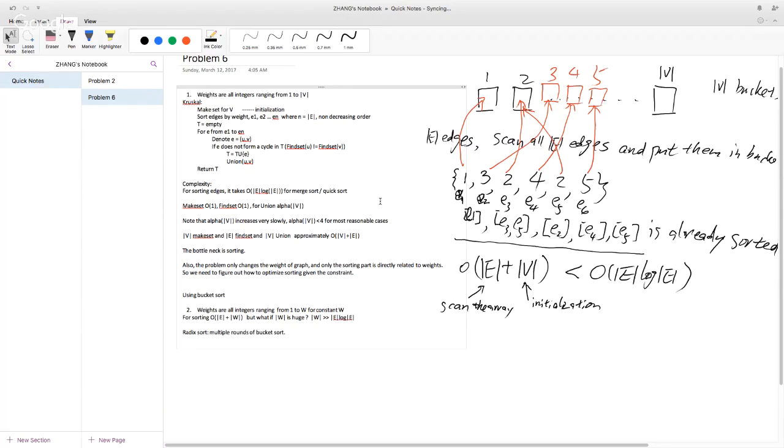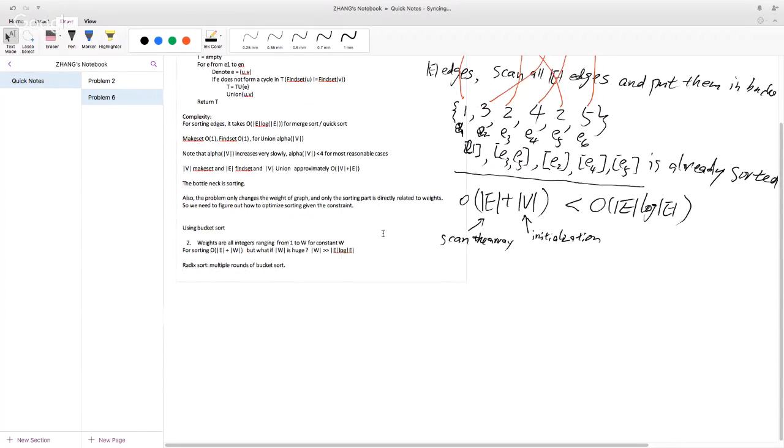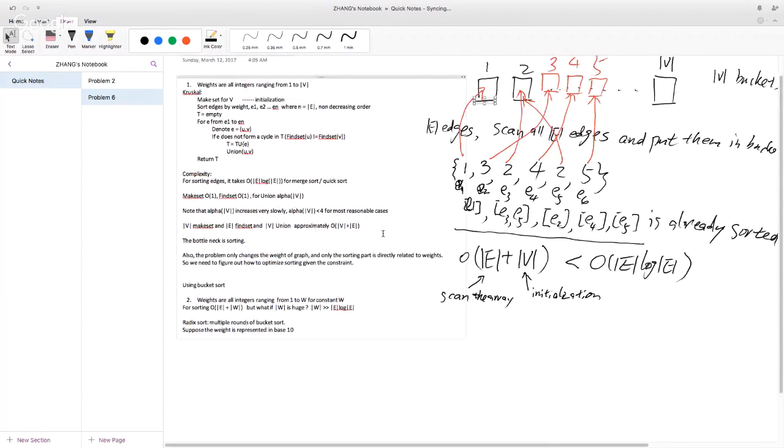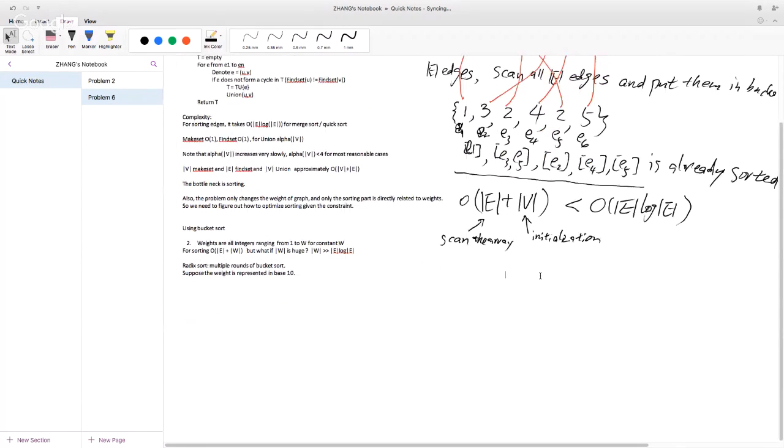Let me give you an example. Suppose the weight is represented by base 10. An example.